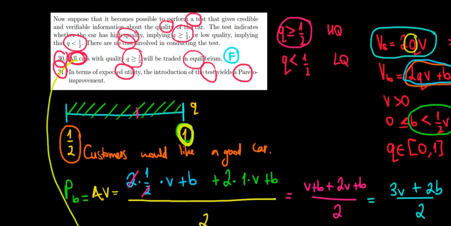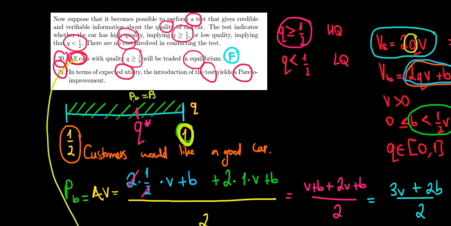So we'd like to find here the indifferent level of the quality, or in other words, the level of the quality that makes the buyers and the sellers indifferent. So the price of the buyers would be equal to the price of the sellers over here. Now how can we do that? Well, we have to find out the price of the buyer, because the price of the seller is simple. That's just the valuation of the seller. He knows what he sells. The buyer is more uncertain because he doesn't know what he would receive.